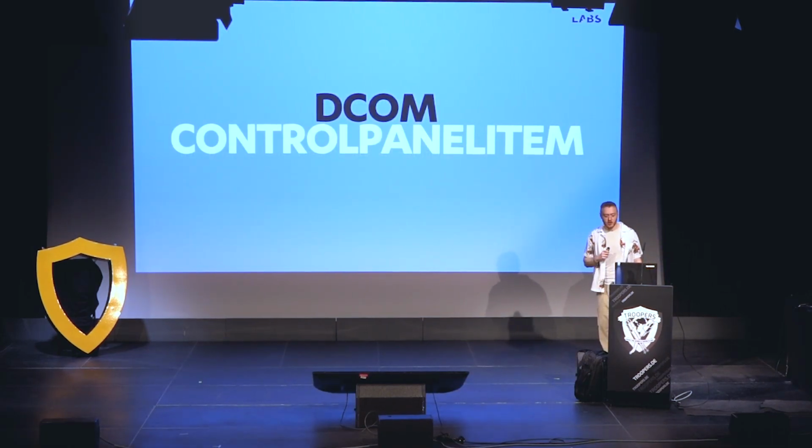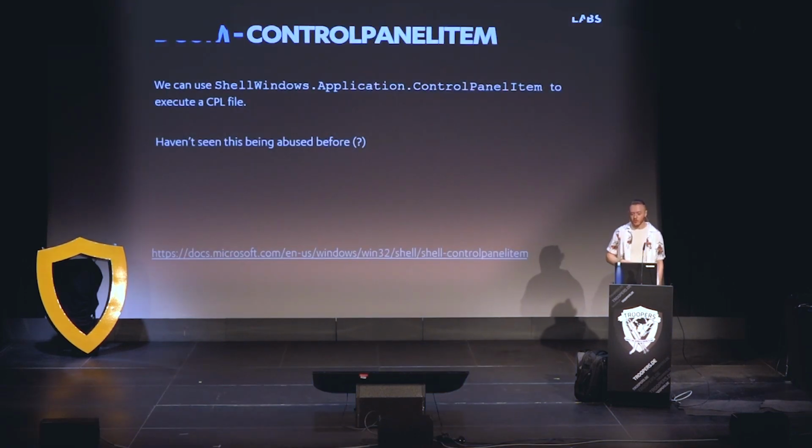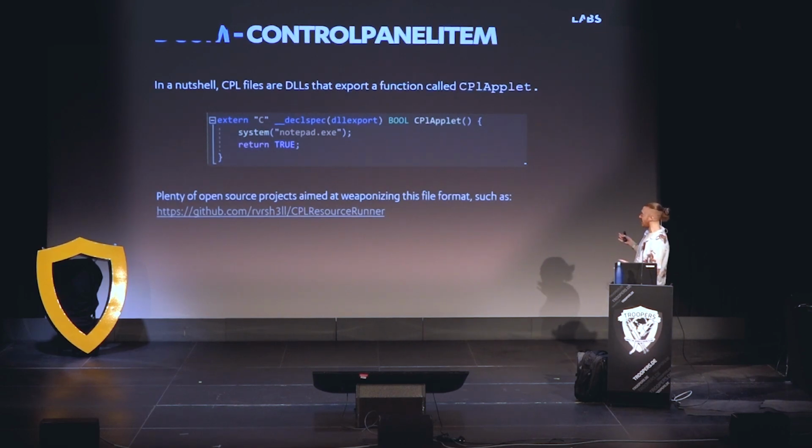So the first one, ControlPanelItem. The ShellWindows object exposes this ControlPanelItem method that allows you to load CPL files. For those who don't know, CPL files are just DLLs, really, that export this CPlApplet.